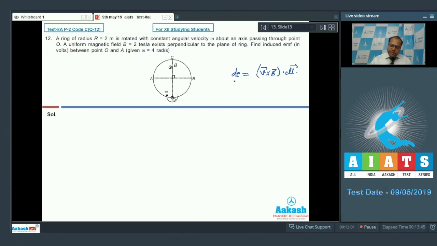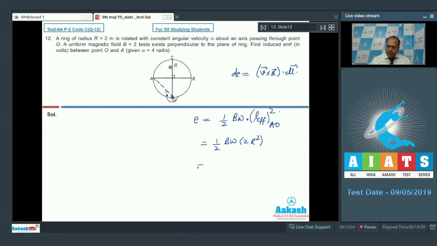If I integrate this, then the induced EMF between point A and O is given by E equal to half into B into omega into L effective between point A and O square. The L effective separation between these two is root 2r. So this can be written as half into B omega into (root 2r) square, so that is 2r square.